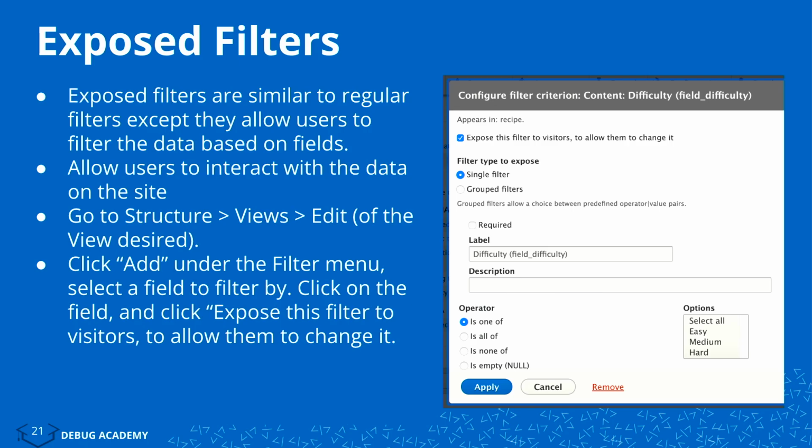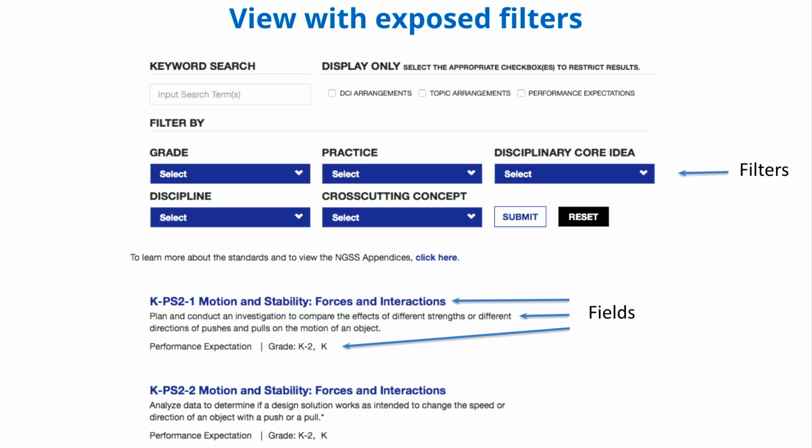So you can add that field as a filter and then select the checkbox expose this filter to visitors. And then now it's available for the end user to filter. So you're giving them a list of all the recipes, but then they have a filter so they can filter to just easy recipes or hard recipes. So this is an example of a view with exposed filters.